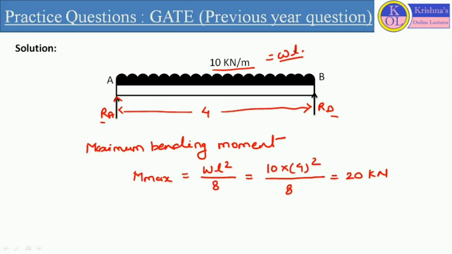Here W is 10 kilonewton per meter, which is W into L, that is the intensity of load, and L is the total length of the beam.